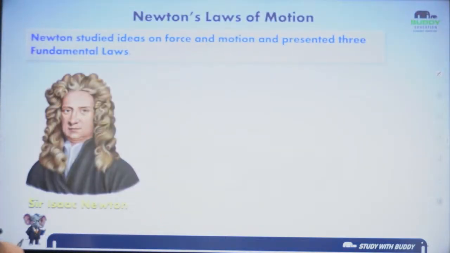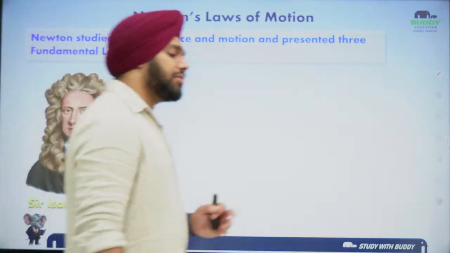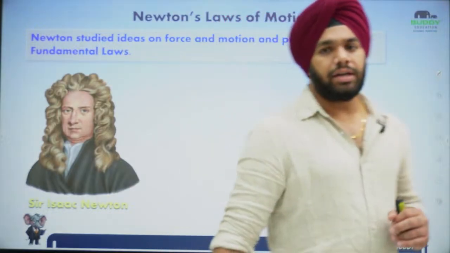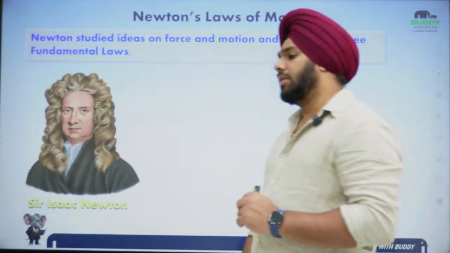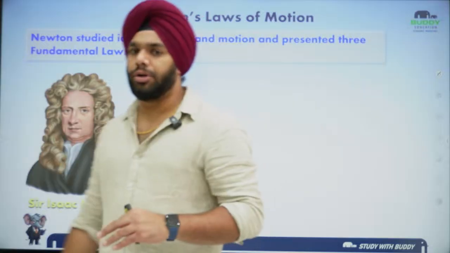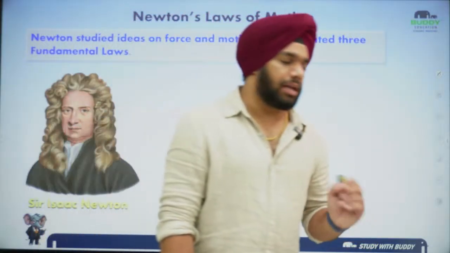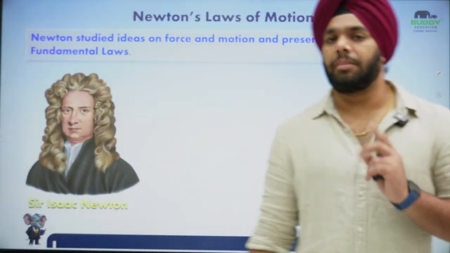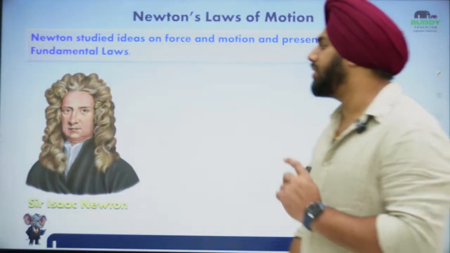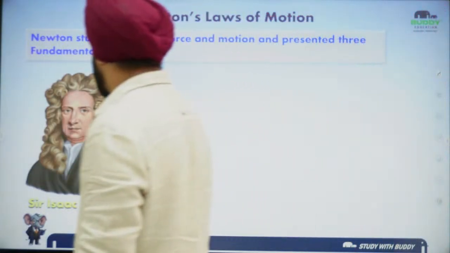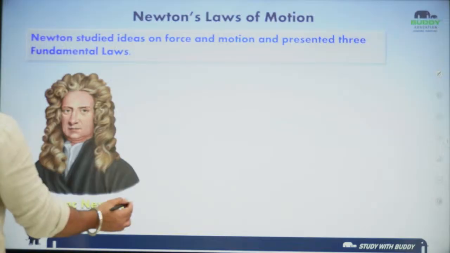Coming to Newton's laws. Newton presented 3 laws, right? So we'll be discussing them one by one. In the first law, I already told you that it was with the help of Galileo. But Galileo was unable to give the mathematical significance, whereas Newton gave it. His complete name is Sir Isaac Newton.